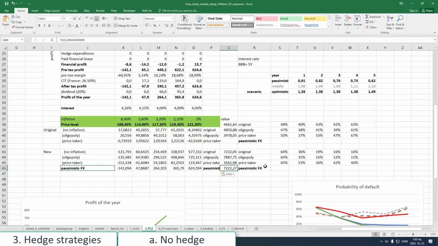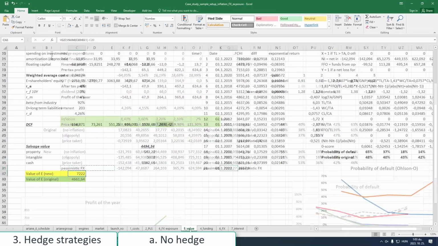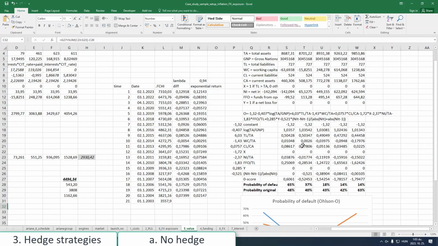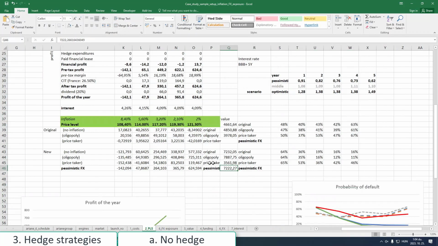So, yeah. And also we need the probability of default from here. That one. Yeah. Now we are cool. And not cool because still formatting is required.